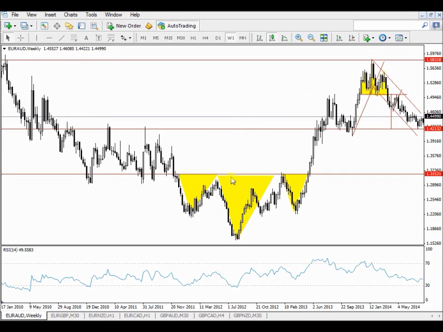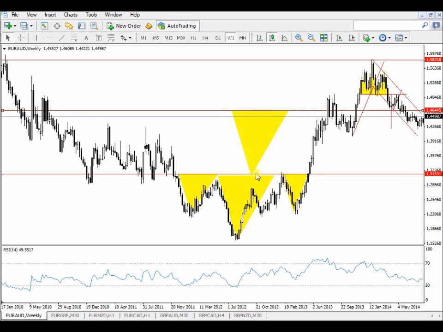I enter when the resistance breaks, and I aim for the same distance from the head to the neckline. So that distance is the same distance as there, and there you see I bought at 1315 and I took my profit at 4644. That's a very nice profit.